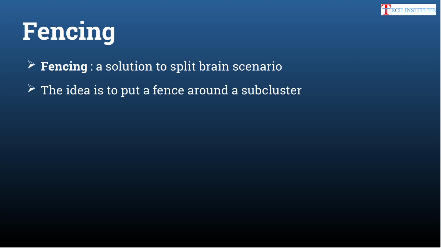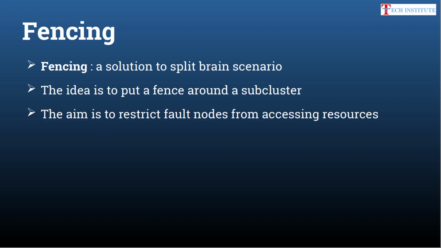The idea here is to put a fence around a subcluster. So when your cluster is getting broken into multiple parts, the fence will put a boundary on those subclusters. And here the aim is to restrict the faulty nodes from accessing the resources. Let's say one node is not able to come up properly or not able to function properly. It can impact your cluster resources.